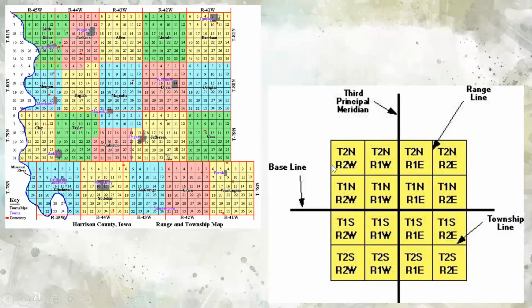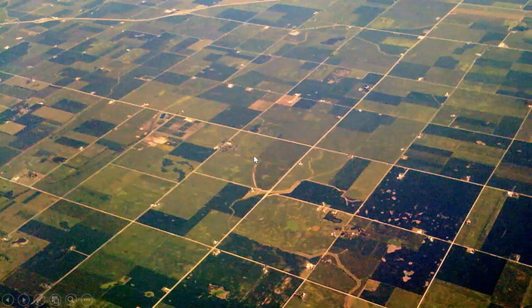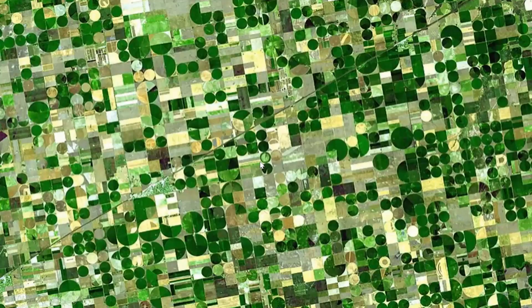So this is what it's going to look like. Again, you can see the baseline, and you can see the squares here, 6 by 6. And if you've ever flown across the Midwest, you'll see patterns like this, or maybe something like this.